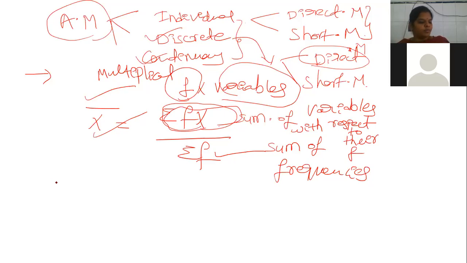Just write down one problem. The data recorded on the number of chlorophyll deficient plants in a lentil population are given below.